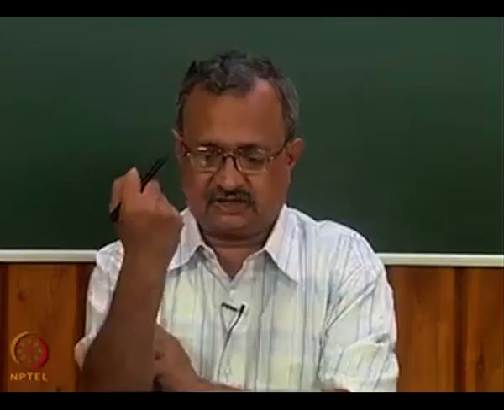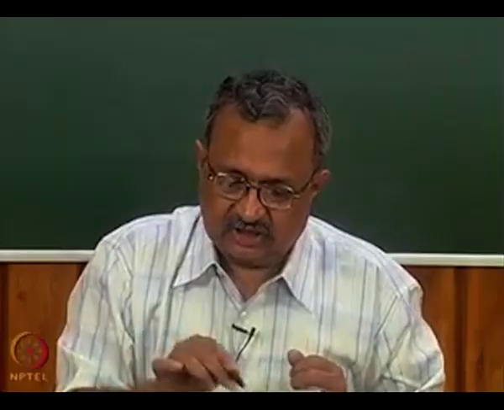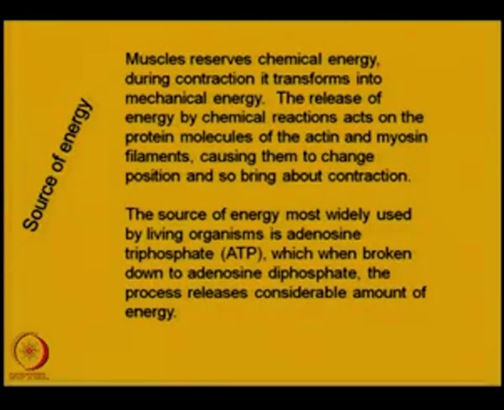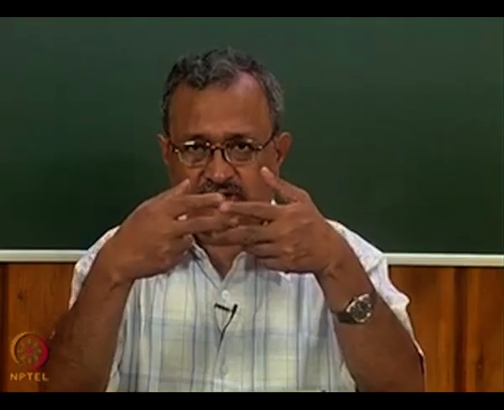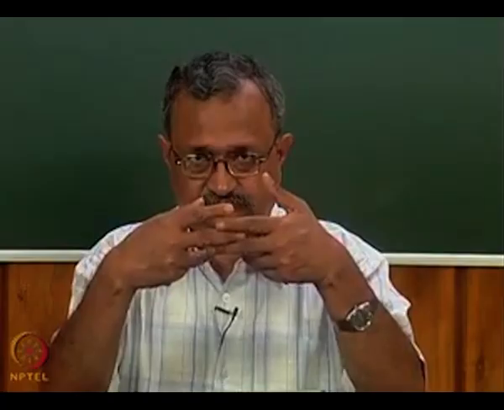The release of energy by chemical reactions acts on the protein molecules of the actin and myosin filaments of the muscle, causing them to change position, so bringing about the contraction.